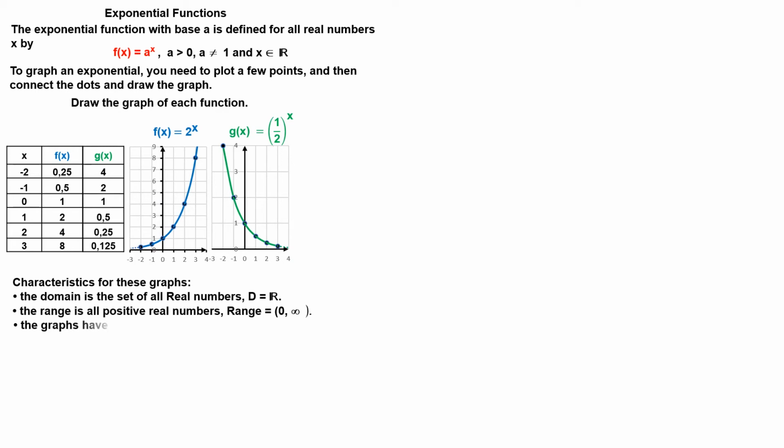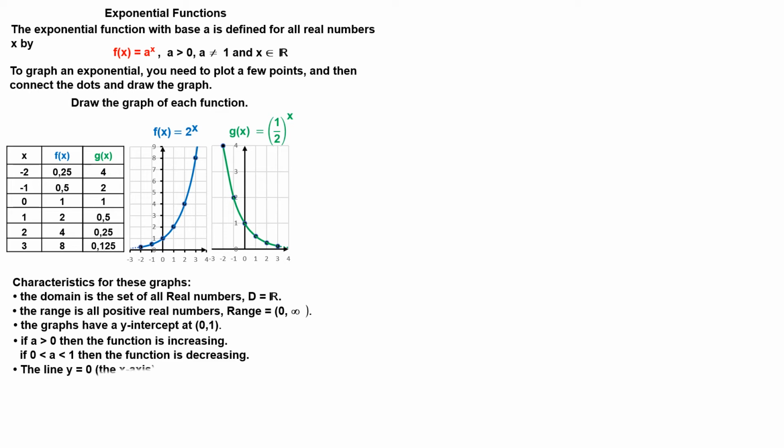The graphs have a y-intercept at 0 and 1. If a is greater than 1, then the function is increasing. If the base is between 0 and 1, the function is decreasing. The line y equals 0 is the horizontal asymptote of the functions.